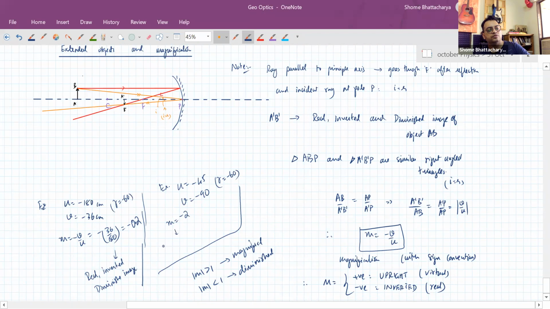So this is an example of a real, inverted, magnified image. But another example we had was u was minus 15 and v was plus 30. So here our magnification would come out to be plus 2. This was an example of an upright, virtual, and magnified image.